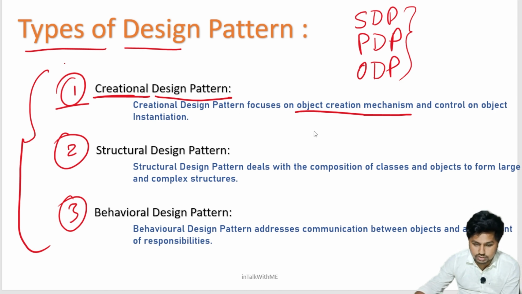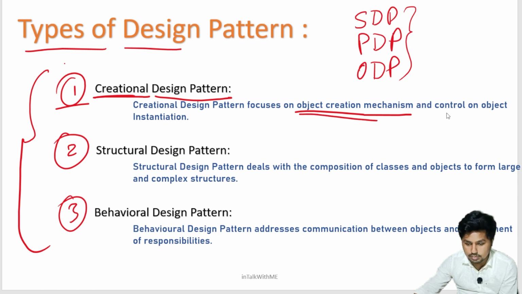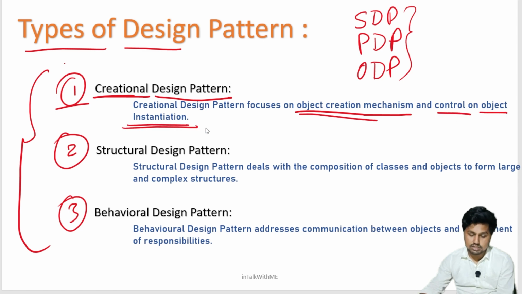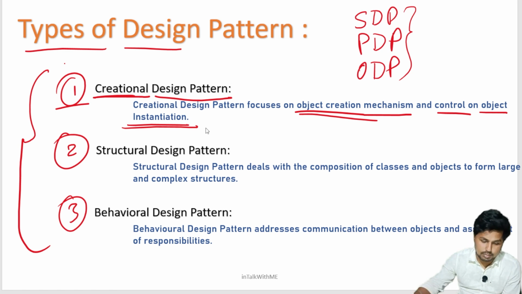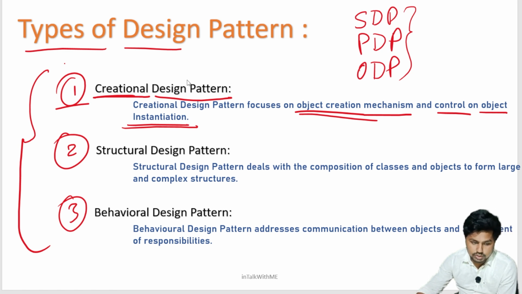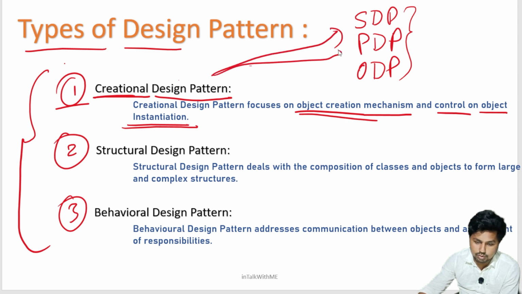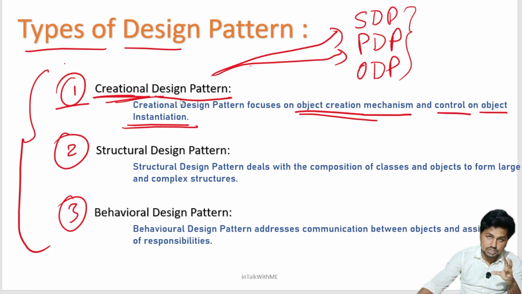Creational design pattern focuses on the object creation mechanism and control over object instantiation. Object instantiation means object creation mainly. Singleton design pattern and prototype design pattern come under creational design pattern. Mainly we are concerned about object creation.